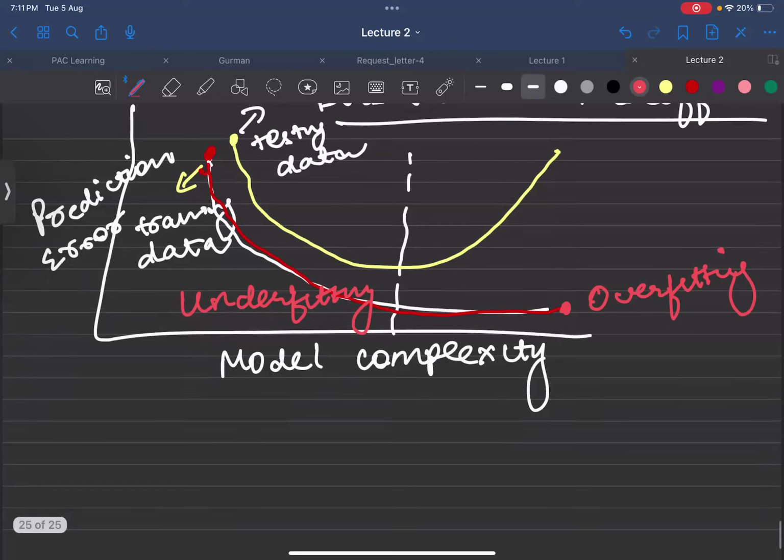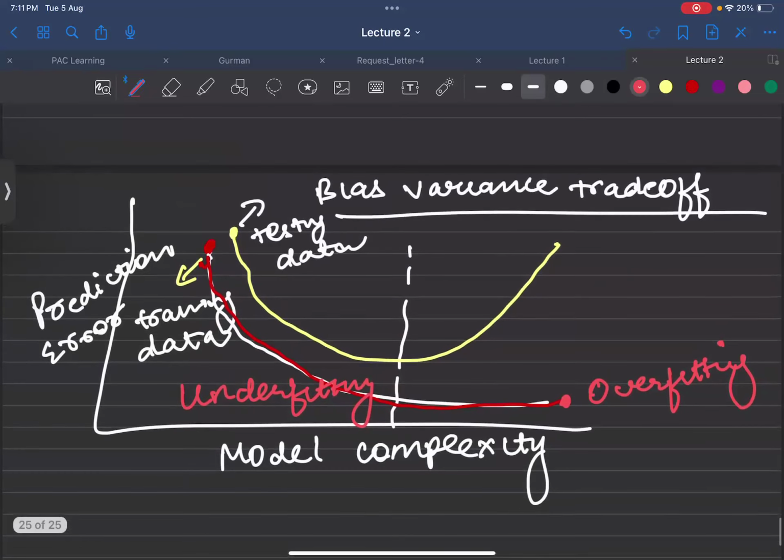Okay, now here testing data. Error is more, as well as model complexity is high. Overfitting, ma'am. How overfitting? Error is less, we are saying. How is error less? The model is complex. How are you saying overfitting?